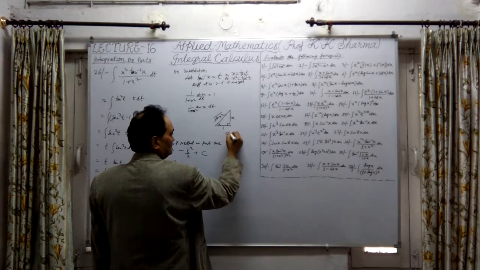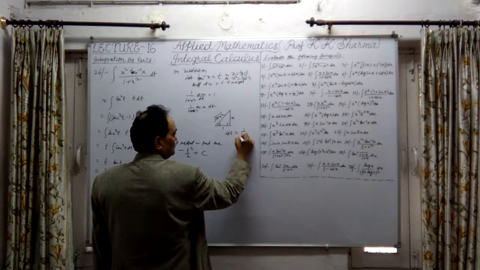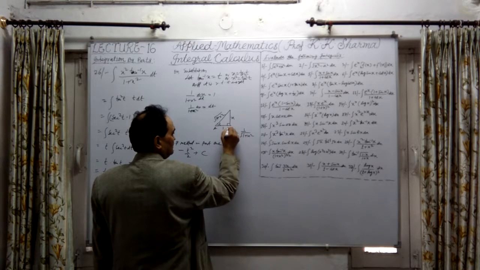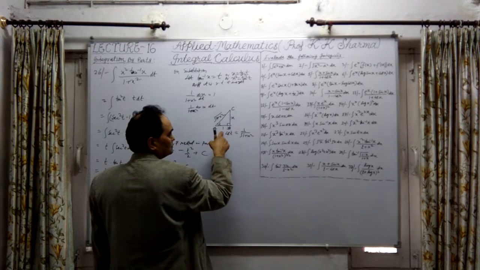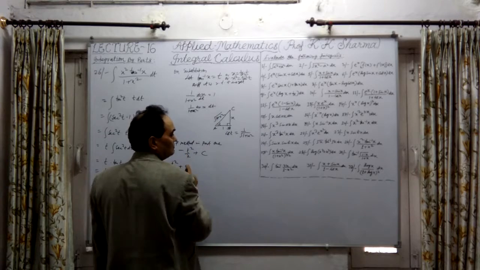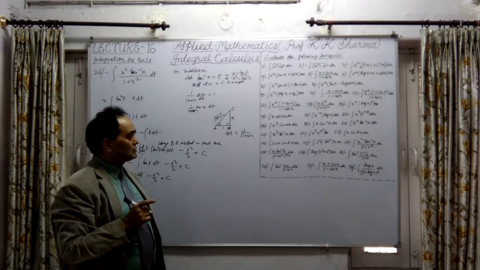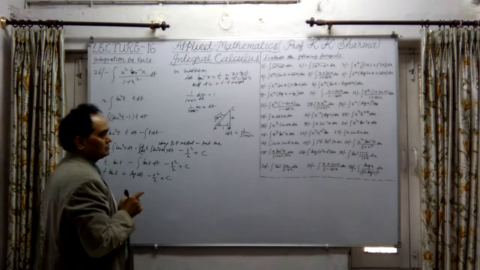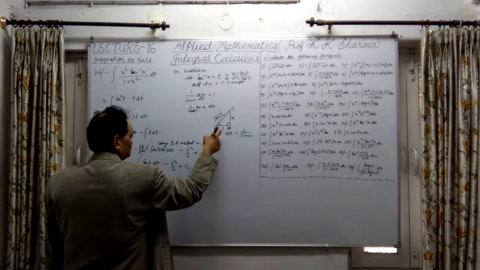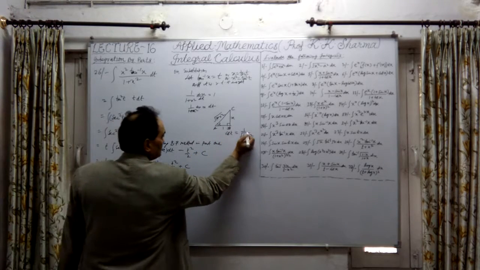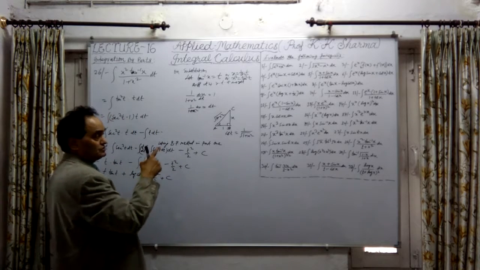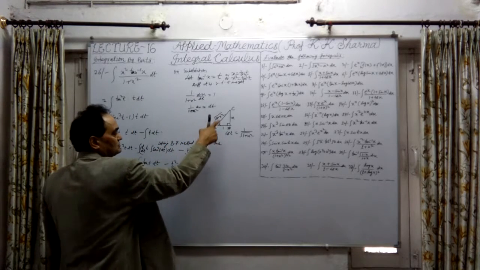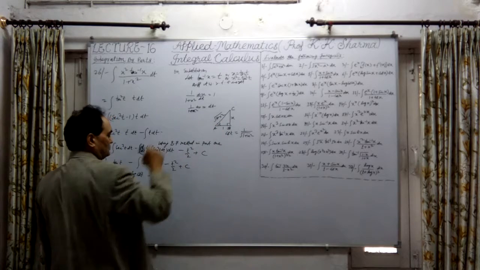Therefore, cos t is equal to 1 upon under root 1 plus x square. Cos theta is base upon hypotenuse.